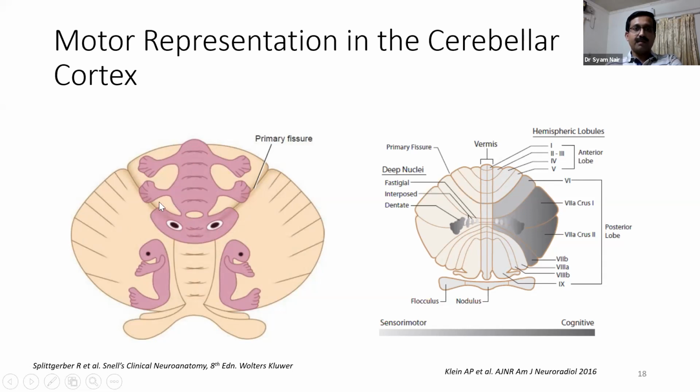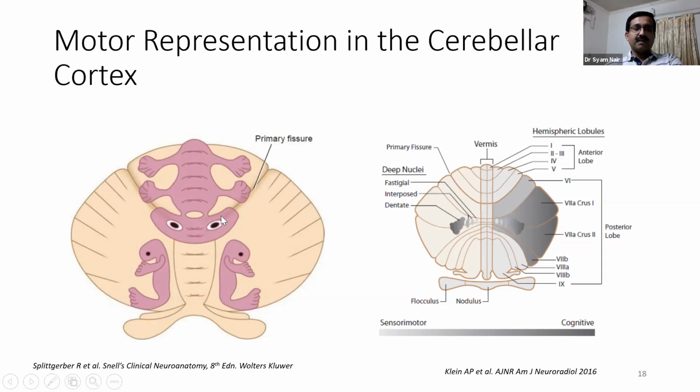While the paravermal regions and the lateral part of hemispheres of the anterior lobe, you can see that most of the anterior lobe is occupied by the limbs here. So the paravermal region and the major part of the anterior lobe control the limb functions. Particularly the lower limb is for lobules 3 to 4 and upper limb by lobules 4 and 5.